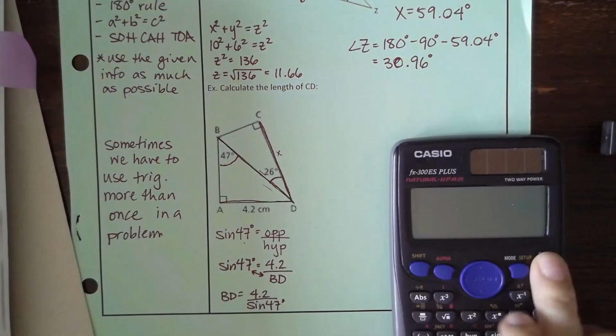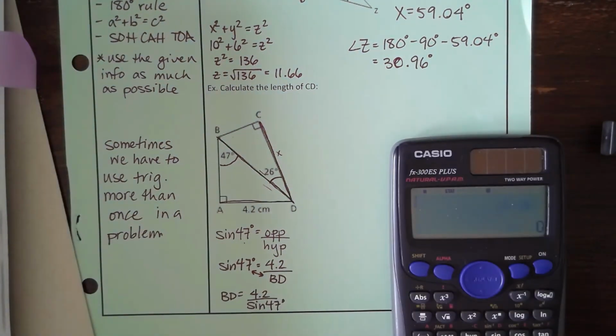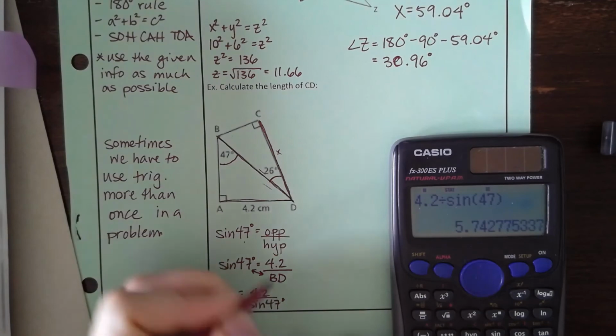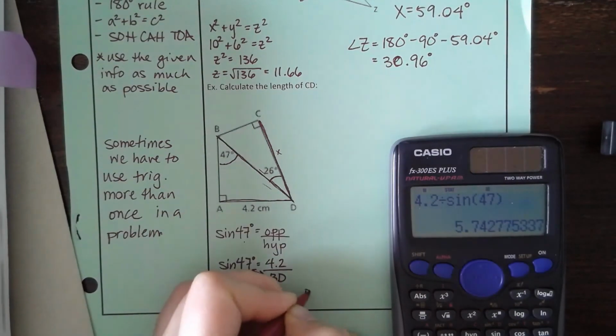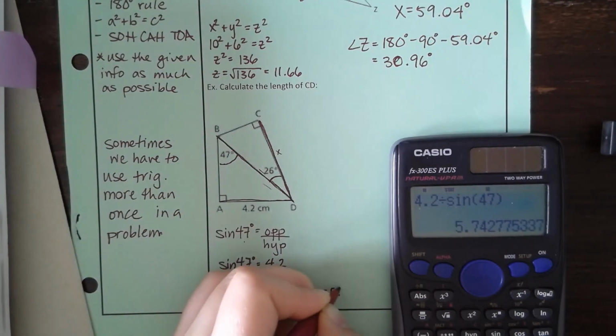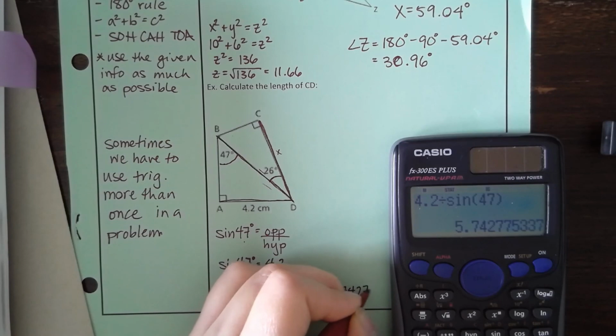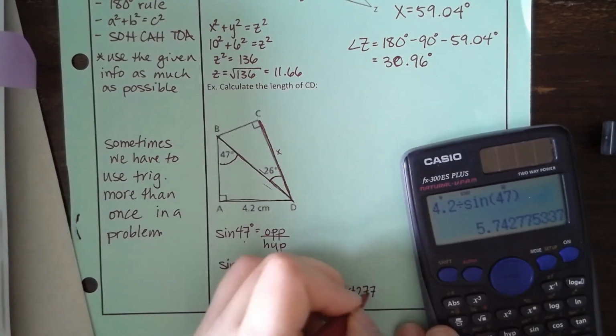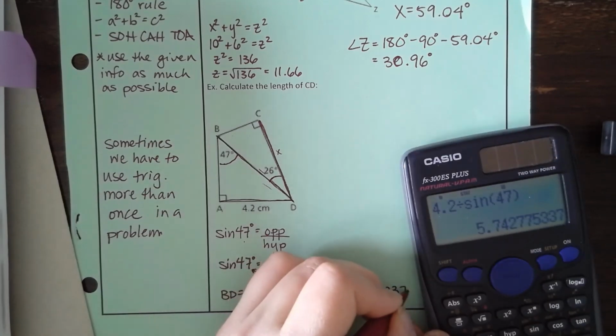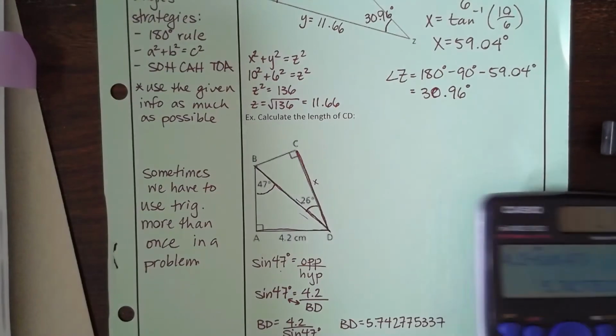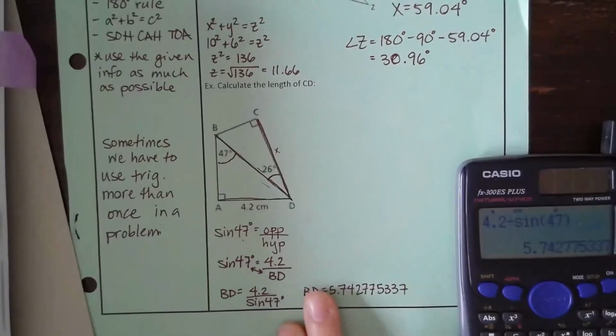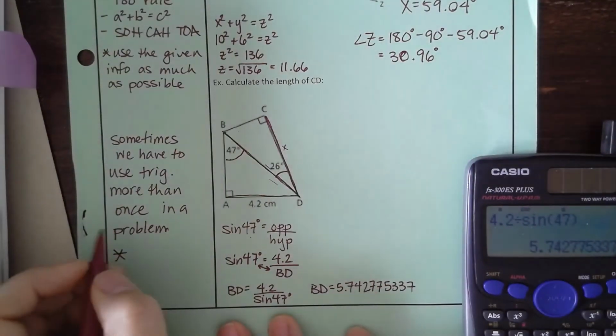So we'll put that in our calculator. 4.2 divided by sine 47 equals BD equals 5.742775337.